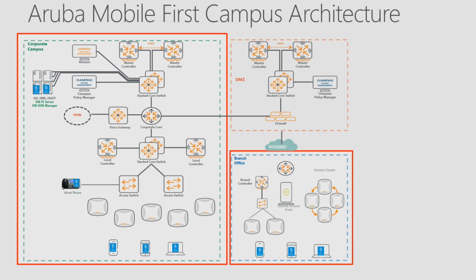We have the branch controller, let's say for a branch of a bank, a dentist office, or a lawyer's office, that kind of deployment. There is something called instant cluster there. If you have a higher ed customer with satellite offices, we need to make sure the Skype for Business calls are prioritized there as well. And finally, the remote access point, the home-based access point. There we need to make sure you have a good experience with your Skype for Business call. So this addresses most of the deployments.